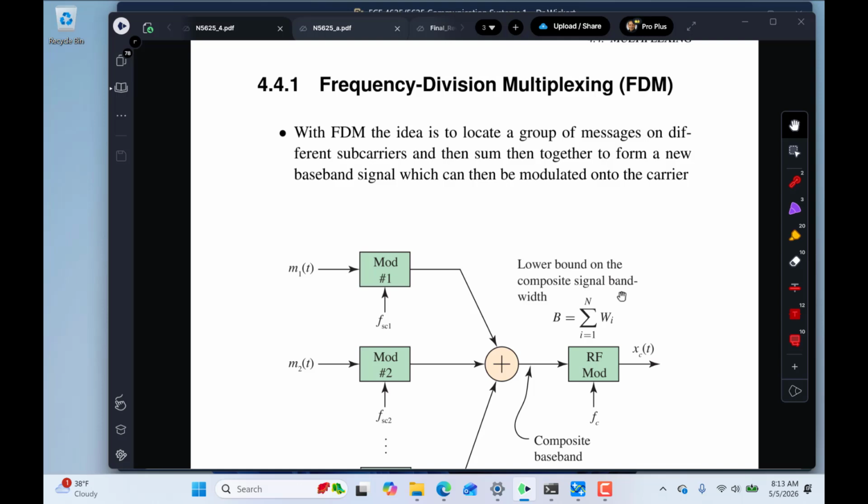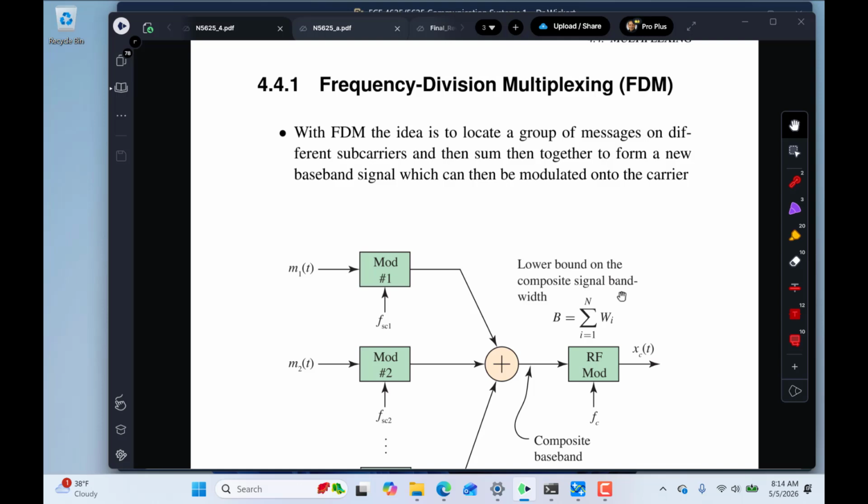I'm going to just take some logic waveforms and multiplex them together. The other side of that is to do frequency division multiplexing, and this is age old, the concept. It's been used in the first generation cellular, and it's being used in all sorts of things to this day.